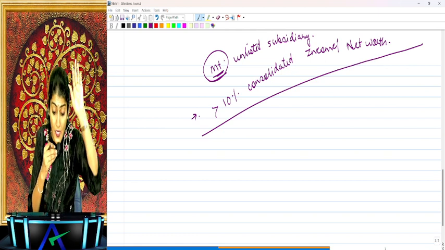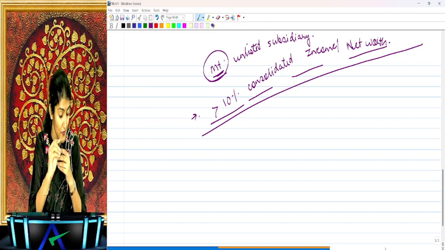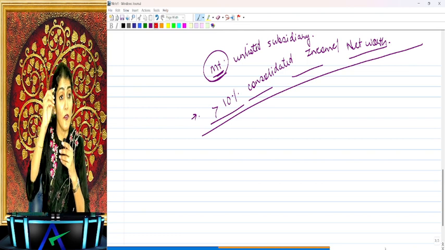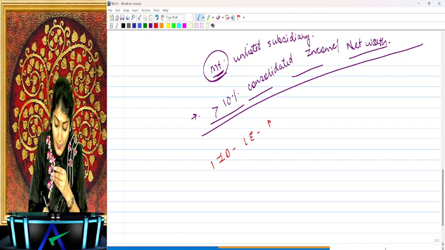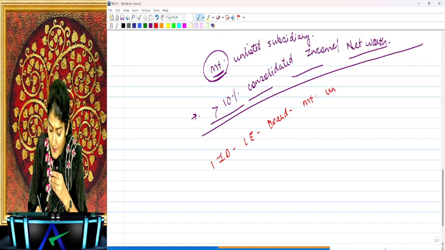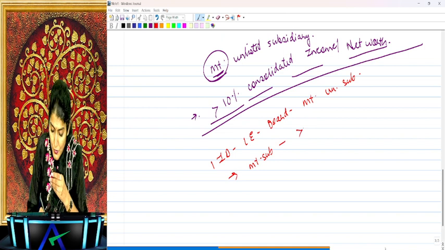Now, generally, what is the definition of a material subsidiary? 10%. But what does it say? For the purpose of this requirement, that one independent director of the listed entity should be on the board of the material unlisted subsidiary, the definition of material subsidiary is 20% of the consolidated income or the consolidated net worth.